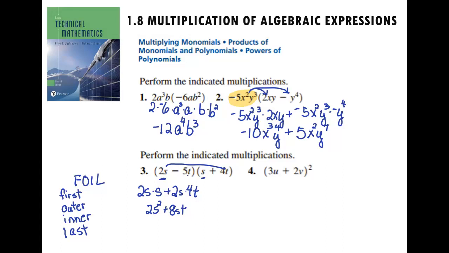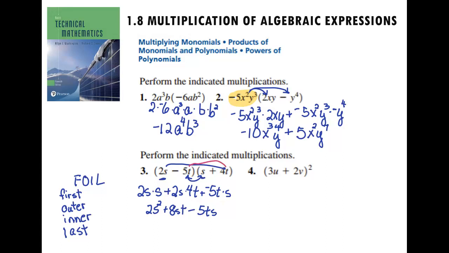Then we're going to multiply the inner terms, that's these two, negative 5t and s. Leave it like that. I'm putting the minus sign with the 5, negative 5t times s. So that gives us a negative 5ts. And then the last terms. And the last terms are going to be this negative 5t and 4t.